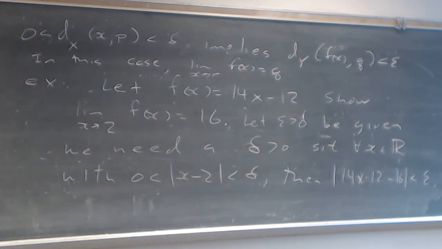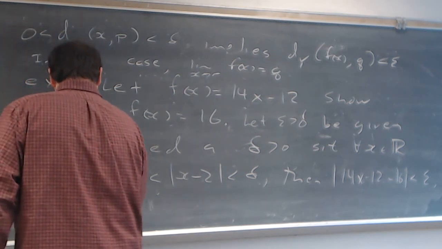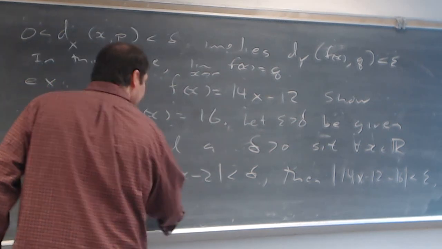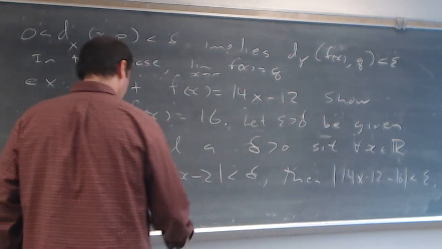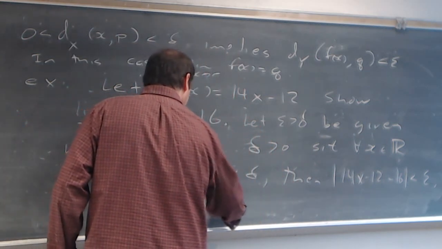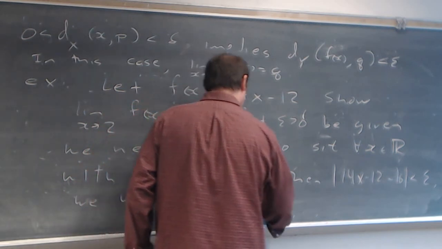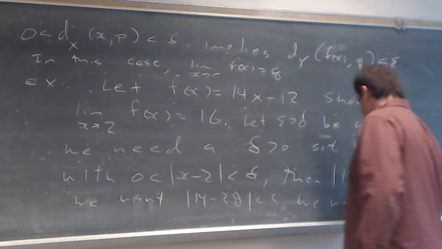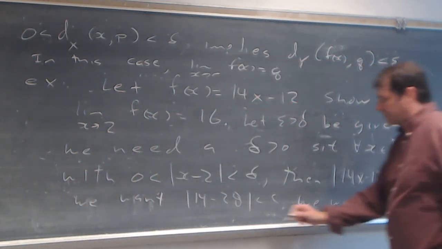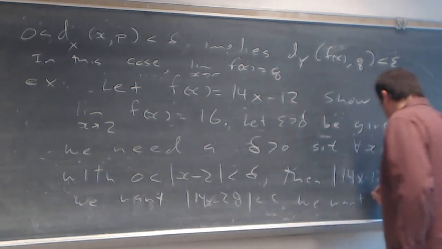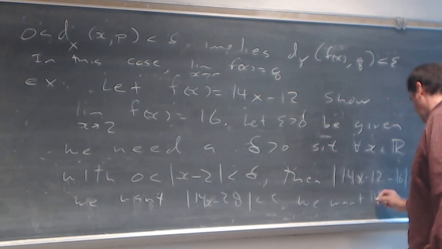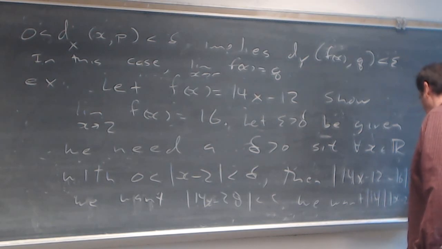Our metric space is all of R. So here, what we want is that the absolute value of 14x minus 12 minus 16 to be less than epsilon. So we want the absolute value of 14x minus 28 to be less than epsilon. We want the absolute value of 14 times the absolute value of x minus 2 to be less than epsilon.